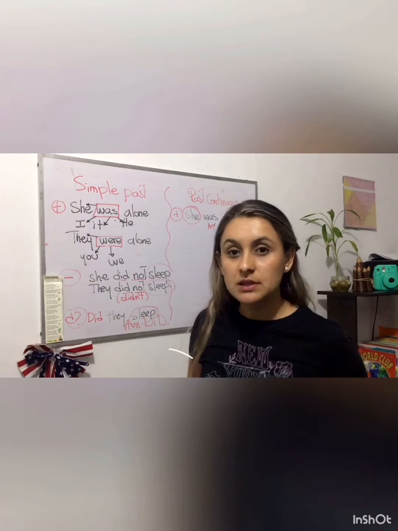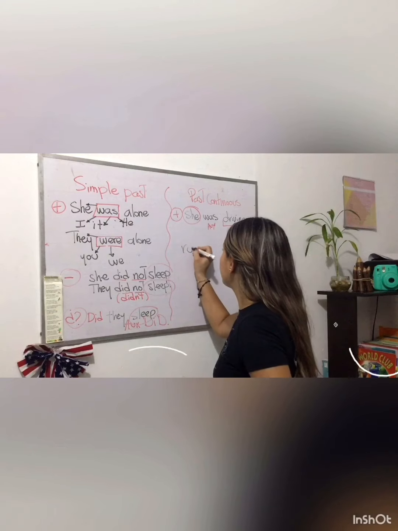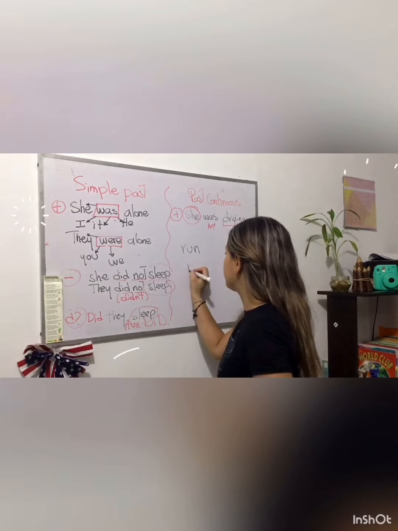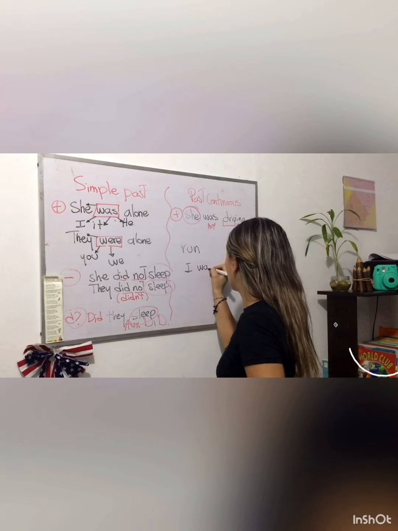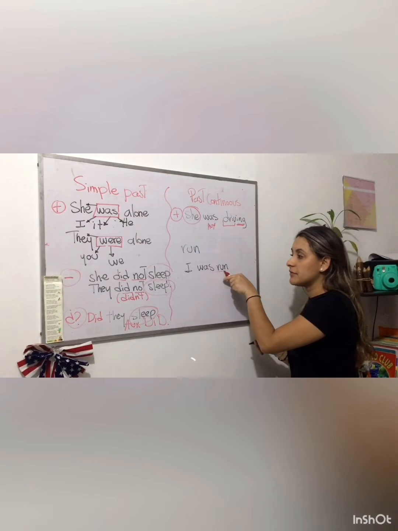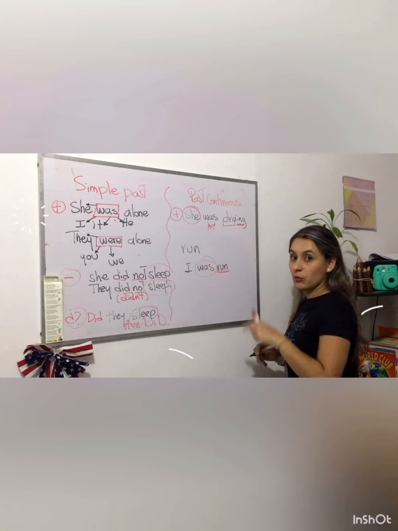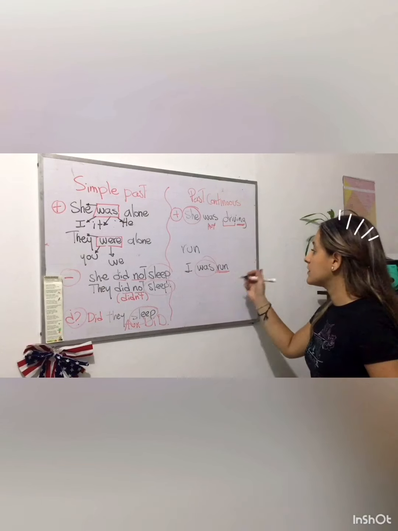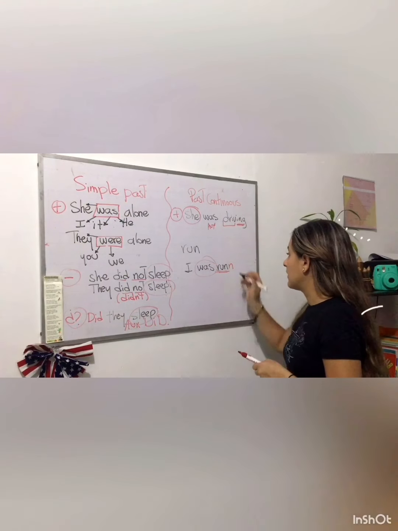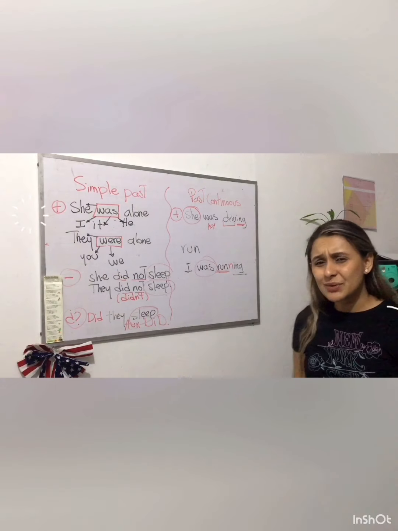en un caso específico. Pay attention. Run. I was running. Look here. I have the verb. I have the auxiliary for I, was. I was running. I need to add another N, ing. Profe, pero ¿por qué agrego esa N más?